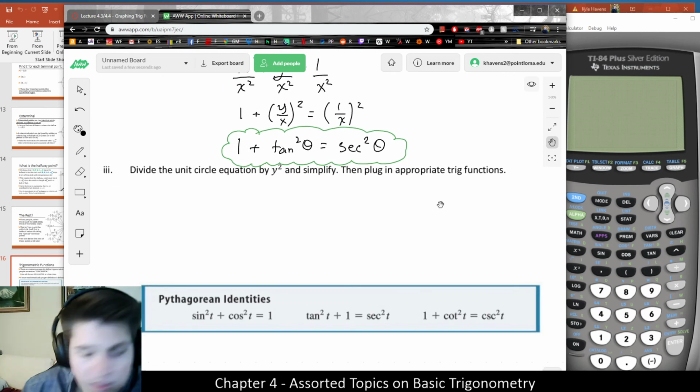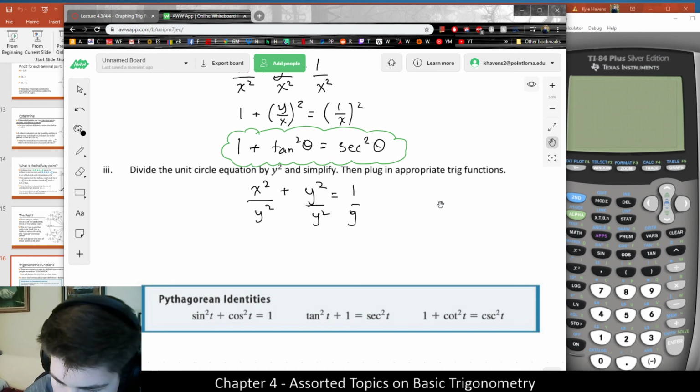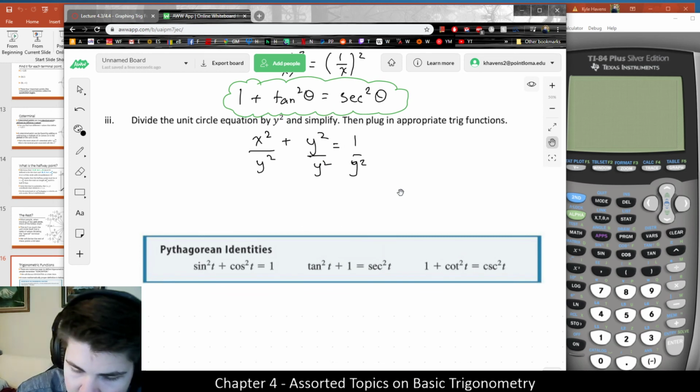The last one stems from doing the same thing, starting with the unit circle equation and dividing through by y squared, then simplifying.